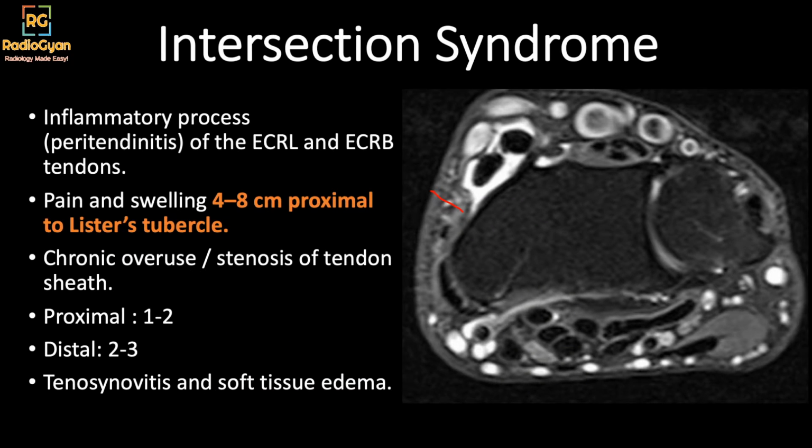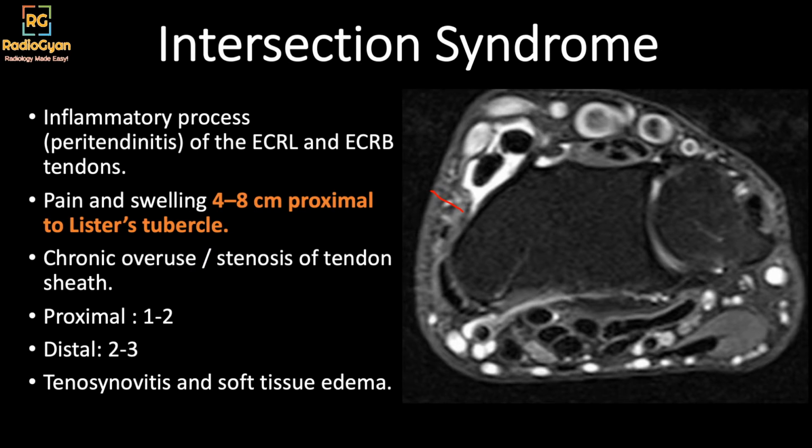Coming on to intersection syndrome, remember the analogy that I gave you about the crowded train. What happens is that a few of the tendons in the extensor compartment cross over each other, and because of this, whenever there is excessive movement at any of these intersections, they can give rise to intersection syndromes.